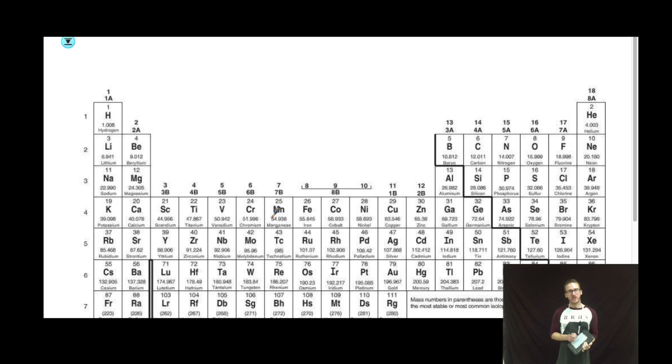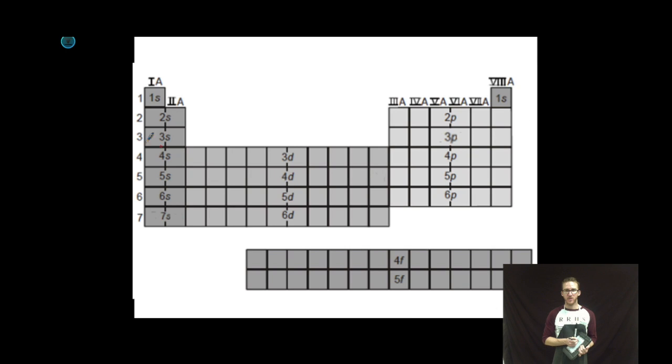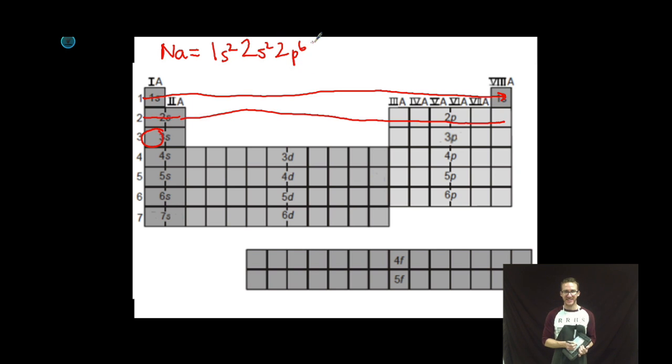As a quick example, let's take our element sodium. I'm going to jump over to this orbital periodic table, highlight my element sodium here, and write the standard configuration. Sodium's configuration, 1s2, 2s2, 2p6, 3s1.